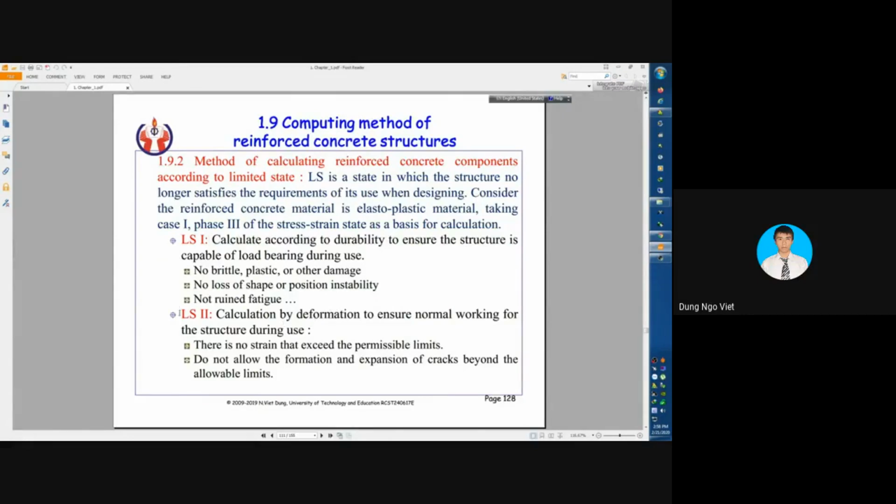For limit state 2, we calculate by deformation to ensure normal working of the structure during use, with no strain that exceeds the permissible limits, and we do not allow the formation and expansion of cracks beyond the allowable limits.